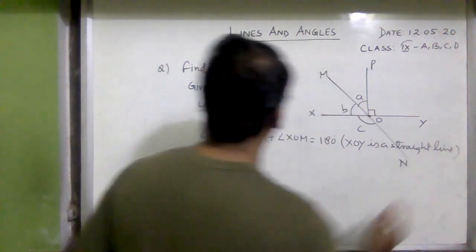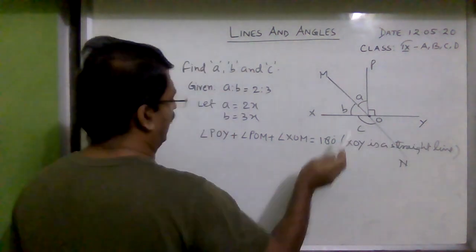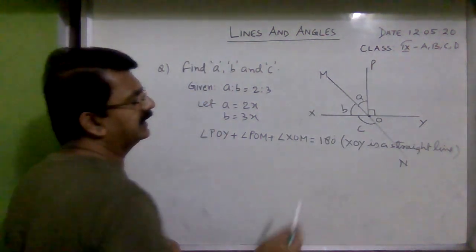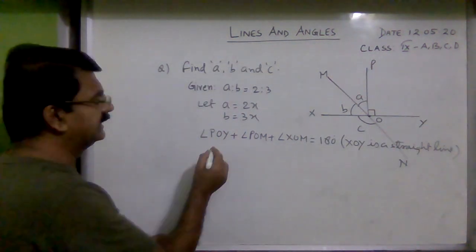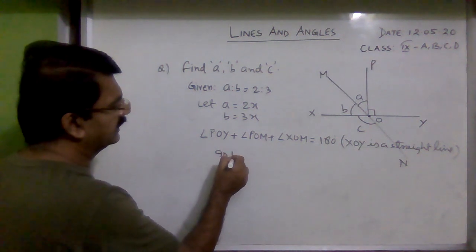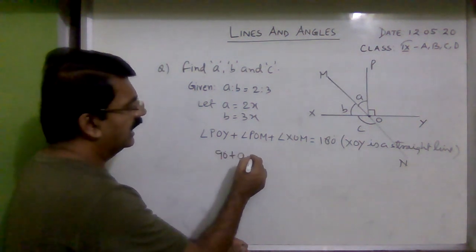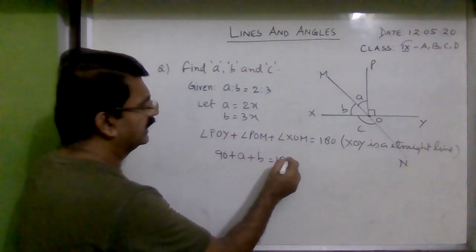You see, angle POY, angle POM and angle XOM, their sum will be 180 because XOY is a straight line. Now POY is given as 90 degrees, so you write down 90 here. POM they have given as A and XOM as B, equal to 180.